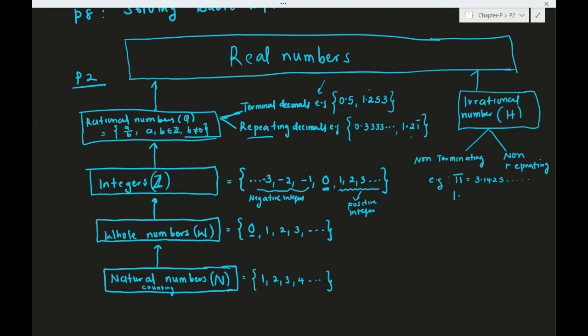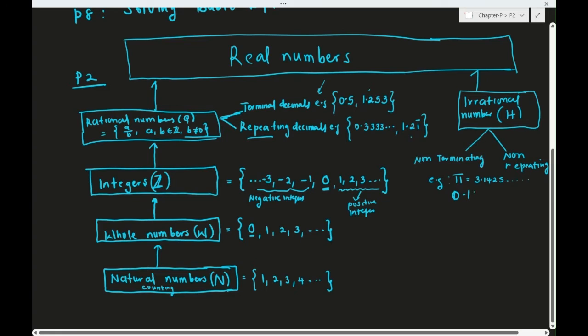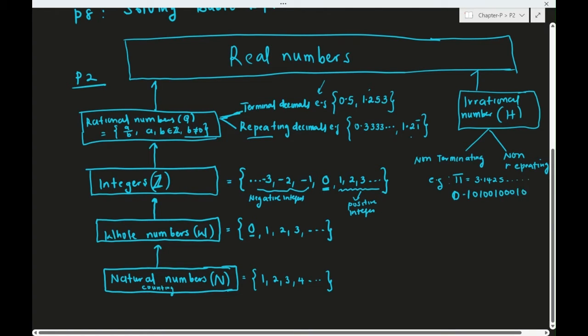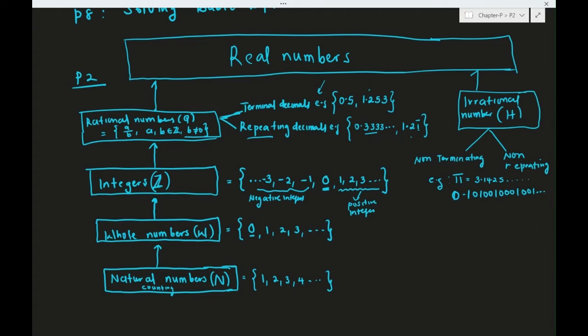Another example is 0.10100..., or 10001001110. If you look at these digits, there is no specific pattern, unlike this one where you have 333 and here you have 111 that will continue. So this is the type of numbers we call non-repeating.